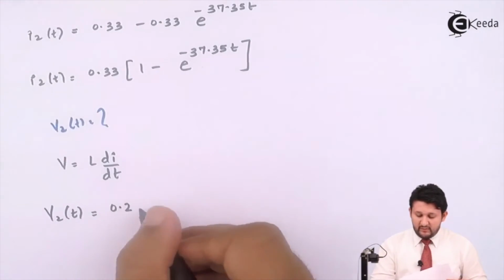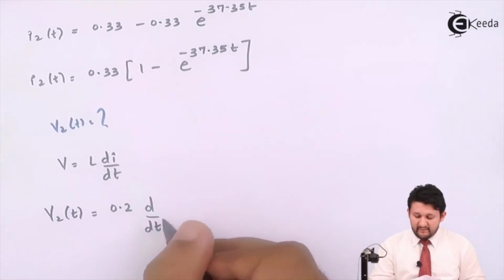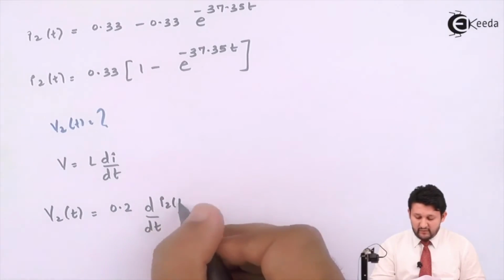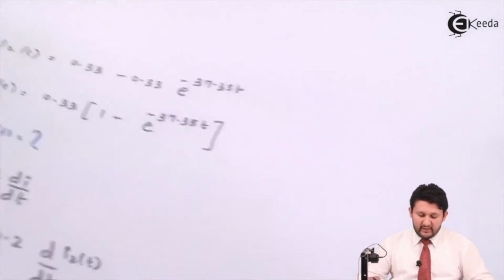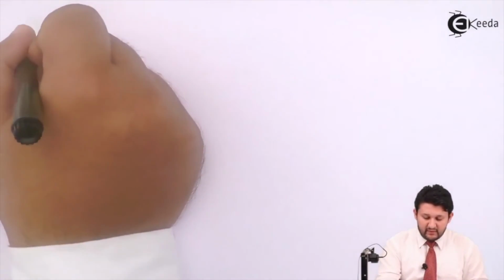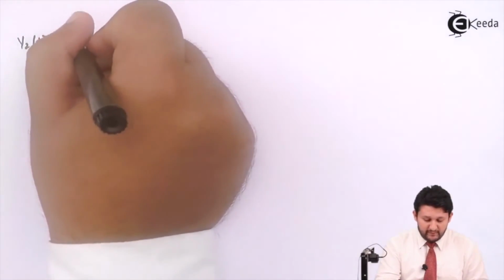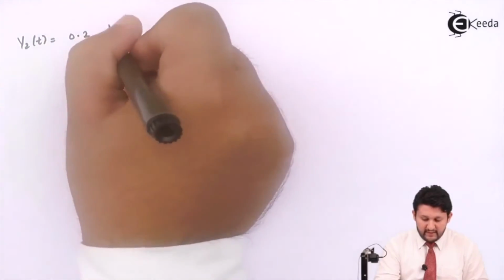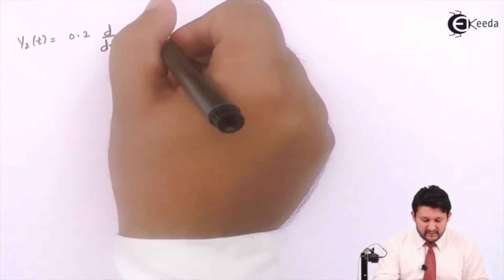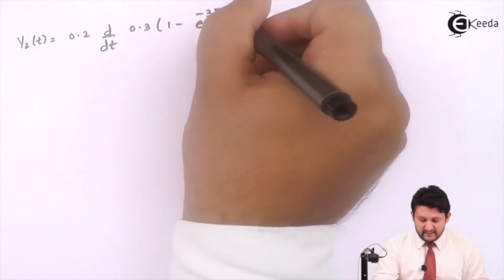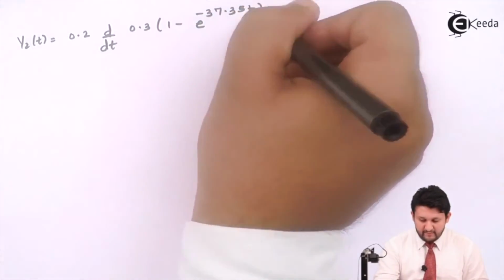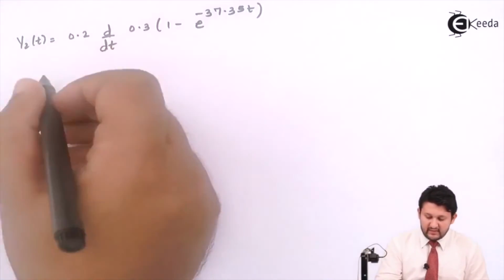So it is equal to 0.2 d by dt, and the current which we got is I2 of t. So put the value of I2 of t over here. So the V2 of t equation which we get is V2 of t is equal to 0.2 d by dt. Value of I2 of t is 0.33 bracket 1 minus e raised to minus 37.35 into t. So this is constant, take it outside.